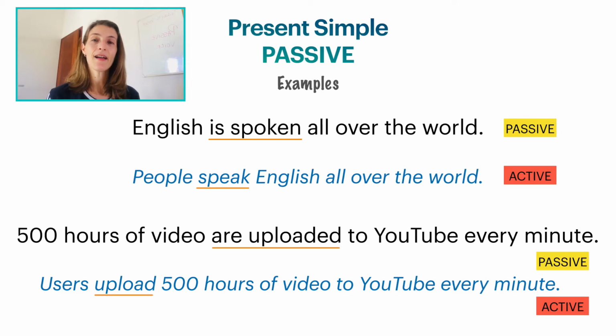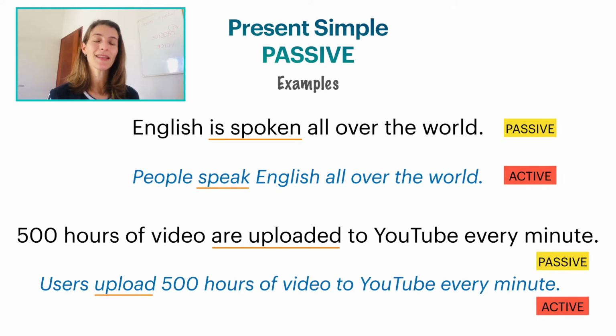Yes? Sería en su forma de past participle, en la tercera columna, en la conjugación de la tercera columna. Okay? So, the same happens with the other sentence. Yes, you have are uploaded. Okay? So, now we are going to have a look at the structure.